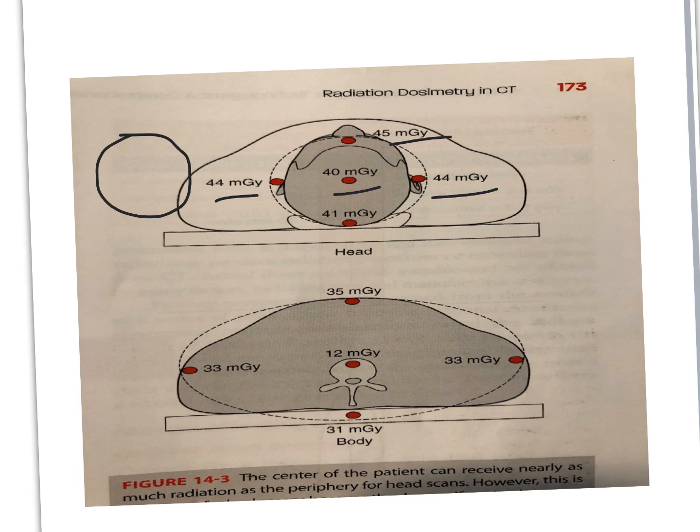This is a much more irregular shape down here, this oval shape of maybe the thorax or what have you. And so what we see is really strange dose distributions. We have significantly less dose at the center than we do out here at the tissue margin. Why is that? Well, in part, because the x-rays are having to travel through more tissue when they're coming in from the side in order to reach that isocenter.